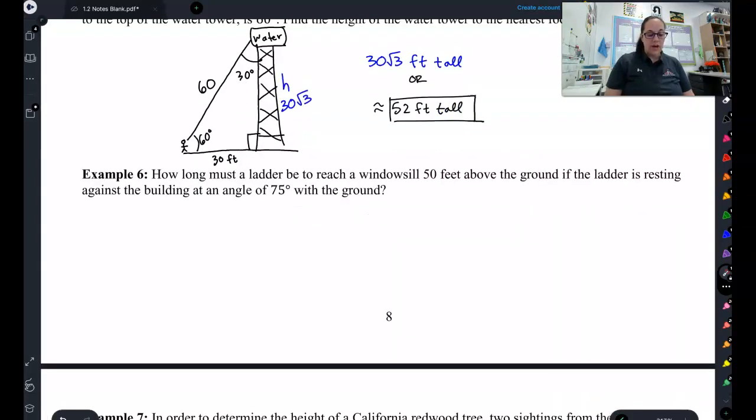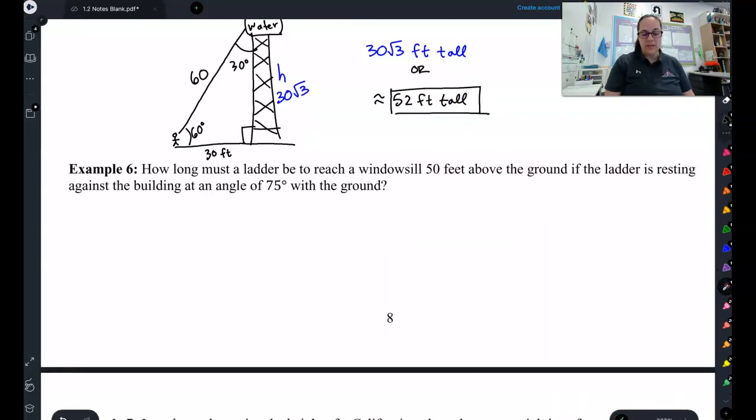Now, let's try example 6, and we'll do this the last one for this video. Then we'll have one more we do. This one is a really good one to do because this is not a special right triangle. Notice that our angle is 75. So this is not a special right triangle. It's not our 45, 45, 90 or our 30, 60, 90, which means this is going to be a calculator problem, which is a good one to practice.